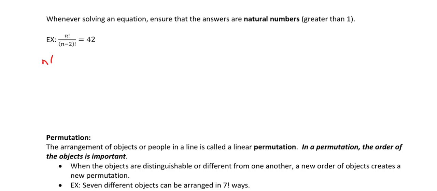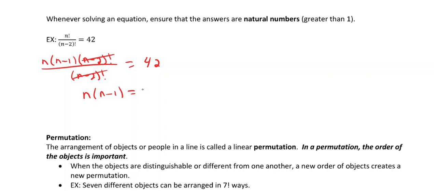So this would be n times n minus 1 times n minus 2, I'll call that factorial, over n minus 2 factorial is equal to 42. And then these nicely cancel, right? n minus 2, n minus 2. So we end up with n times n minus 1 is equal to 42.